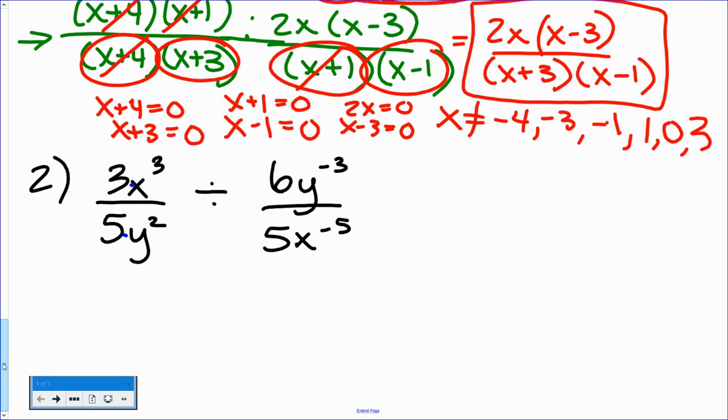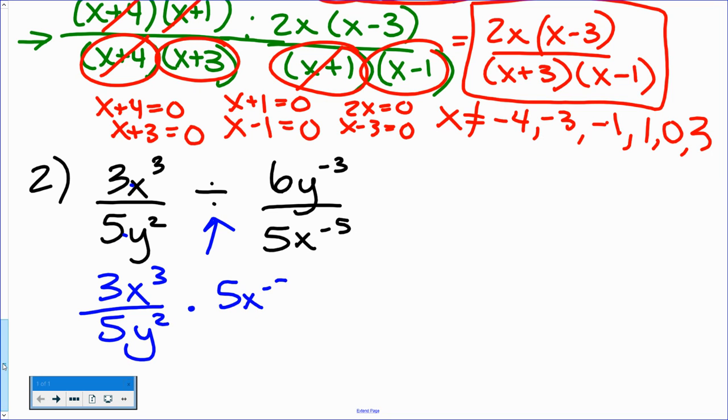Something else that throws students off with this one are the negative exponents. You can take care of the negative exponents first, or you can wait. If you decide to wait and just write this as a multiplication problem, I will warn you, when you change that to multiplication and I flip this, I am not changing those exponents to become positive when I flip it.